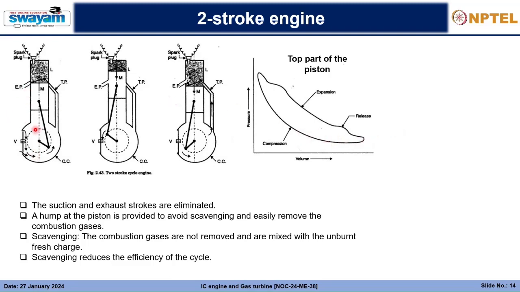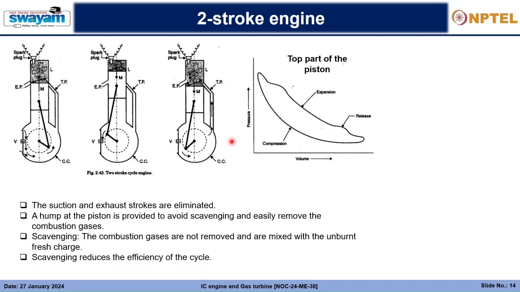The compression will happen, the spark plug will ignite, and it will push the piston downwards and expand this. Eventually there is a release of fresh charge into this system, and it again moves to the bottom dead center. That's how it works, and I have a video which will demonstrate that.